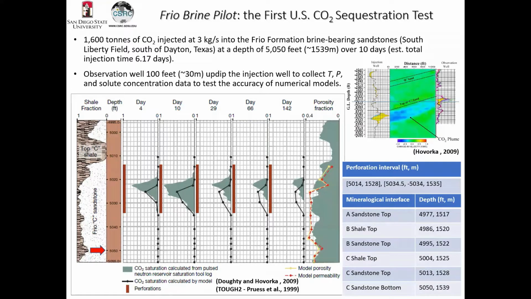And you can see even over, say, 30 days post-injection, this CO2 plume remains static within the injection region. It didn't migrate beyond this. The black line represents what's predicted by numerical simulation. You can see the depths that are involved and the perforation interval that was used in the injection.